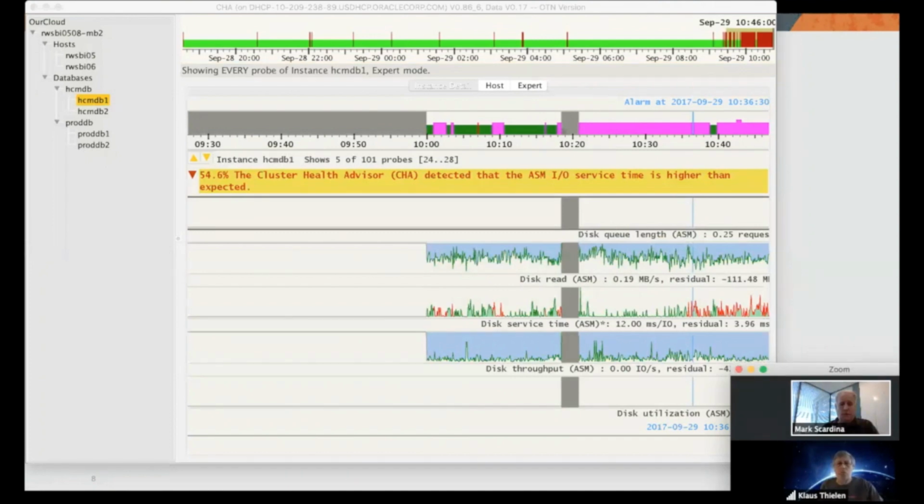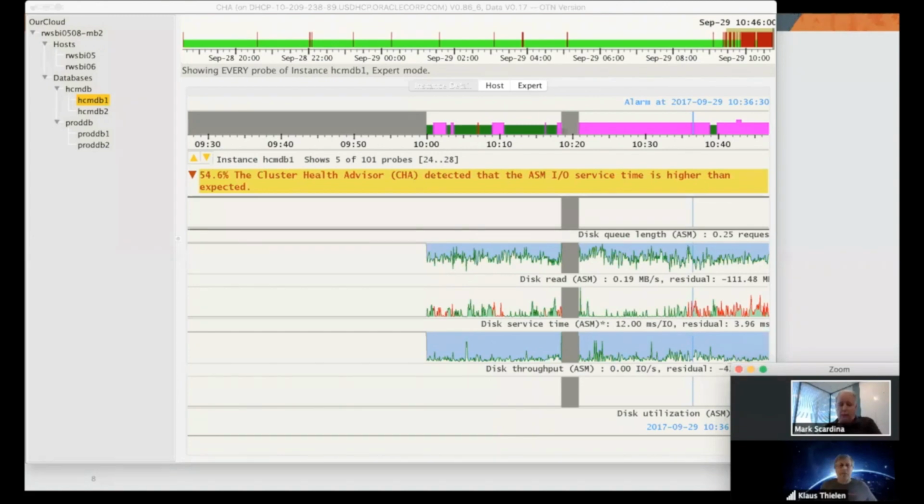There are cases with memory shortage, CPU problems, and I/O. We looked at one example for I/O. We have specific problems modeled for interconnect and for dynamic remastering. So there are plenty of different scenarios where the customer can get value out of the tool.